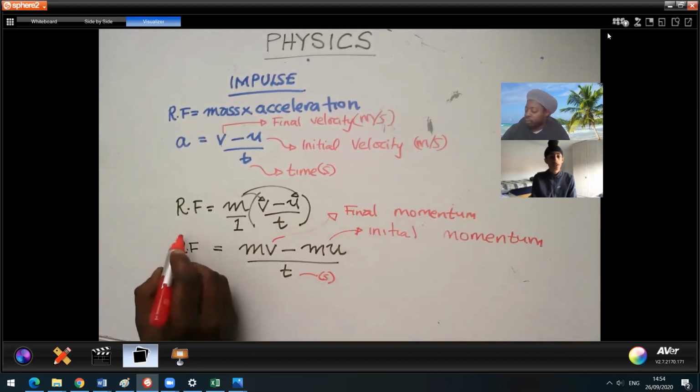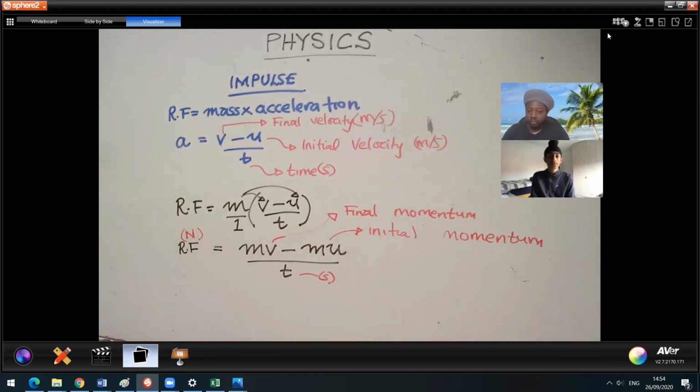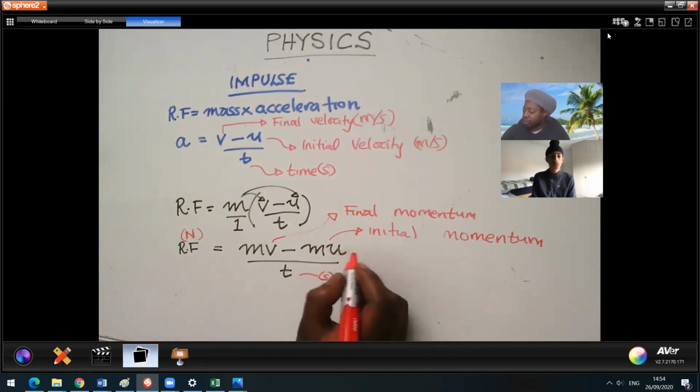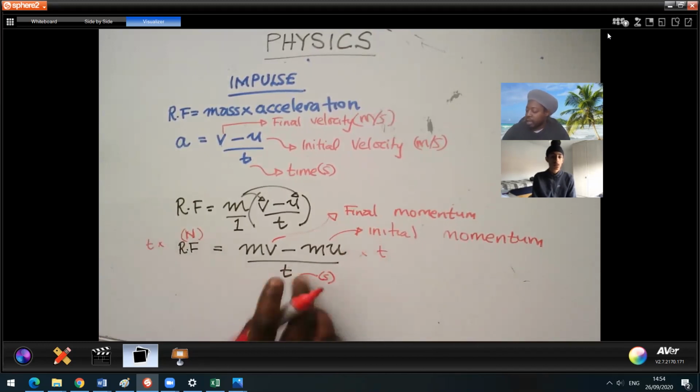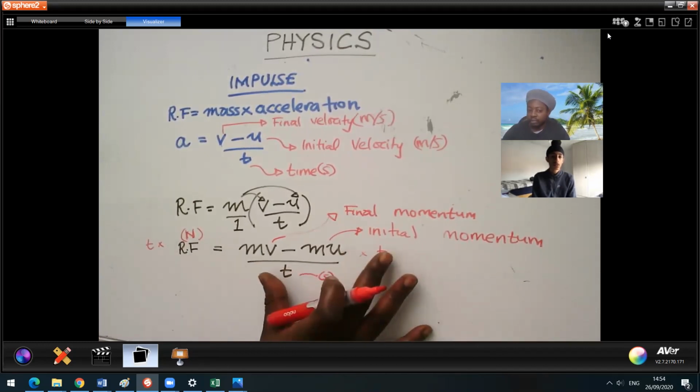And this here is a force, which will be in newtons. All forces are measured in newtons. Now, what do I see? I can rearrange this, times by t on both sides, and the two t's cancel off.